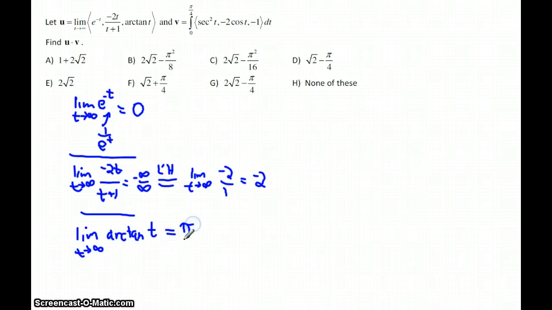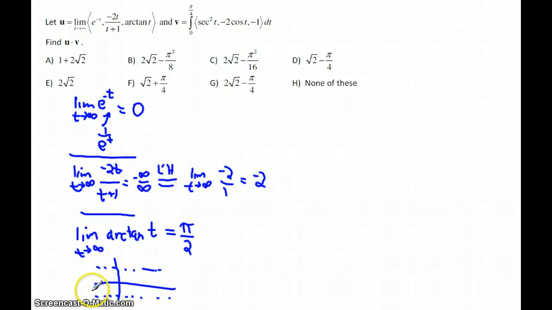It's the inverse tangent, and the graph of it quickly looks like this. As we get very small, it approaches minus pi over 2. As we get very large, it approaches pi over 2. This is a quick sketch of arctan. Okay, good. And so that's the vector u.